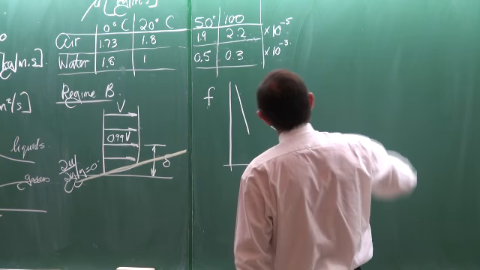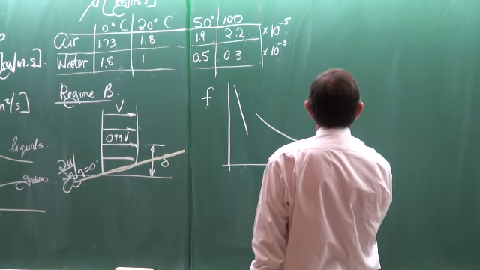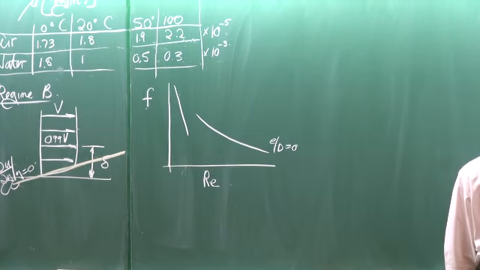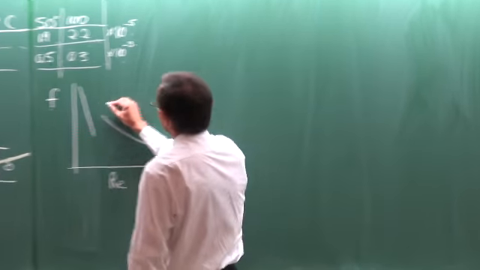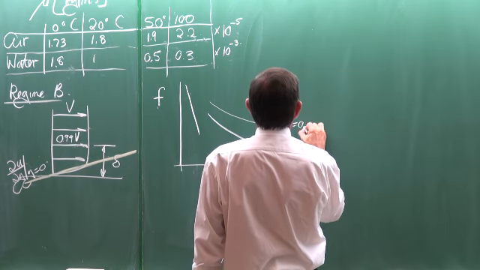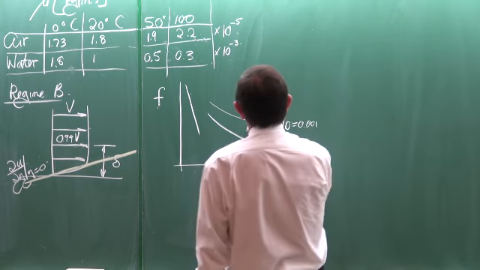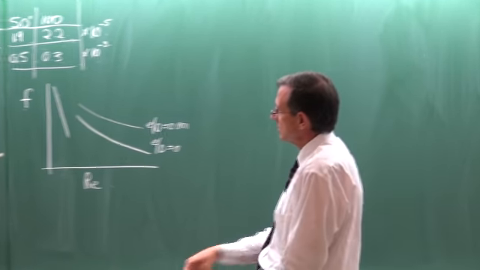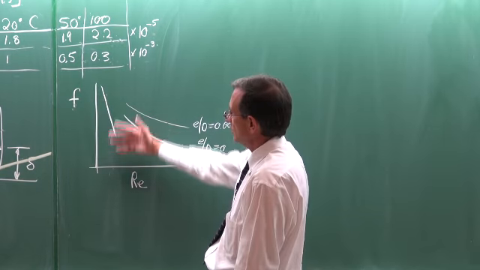And then for a smooth tube, epsilon divided by d is equal to 0. Then you'll have a line like that. And for different surfaces, different roughnesses, then typically that would be the response or the results.